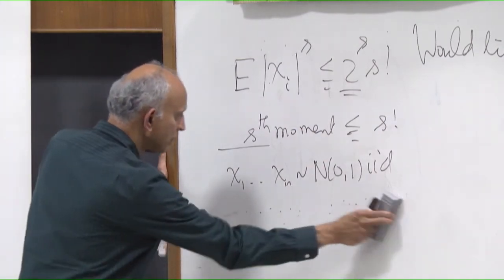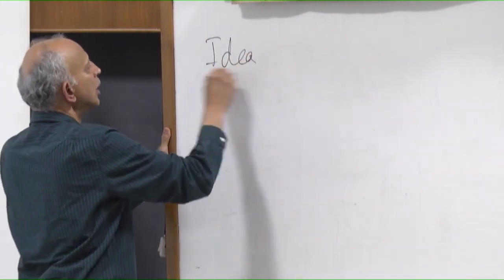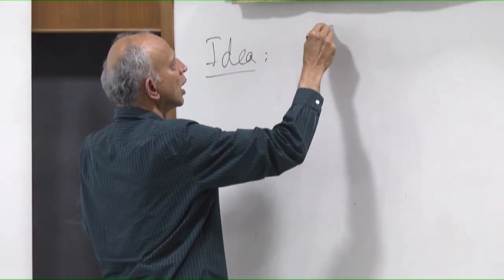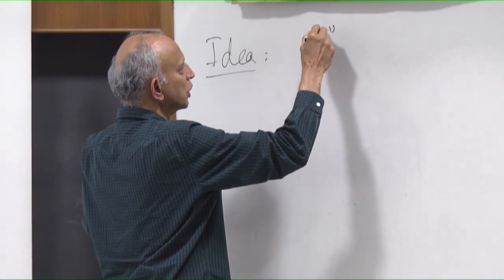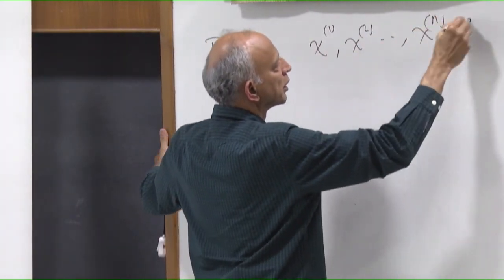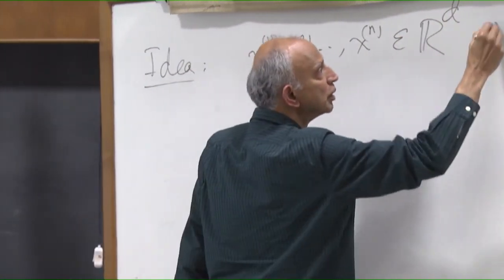We'll prove it next time. So the idea is you have points x1, x2, up to xn in R^d, n large.